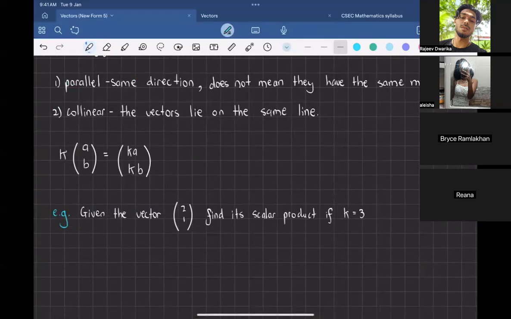So all I'm asking you to do is take the vector and multiply it by 3. You're going to end up with (6, 3). 3 times 2 is 6. And Bryce, if 3 times 2 is 6, what is 3 times 1? 3. Right. Let me explain what this whole thing is about.